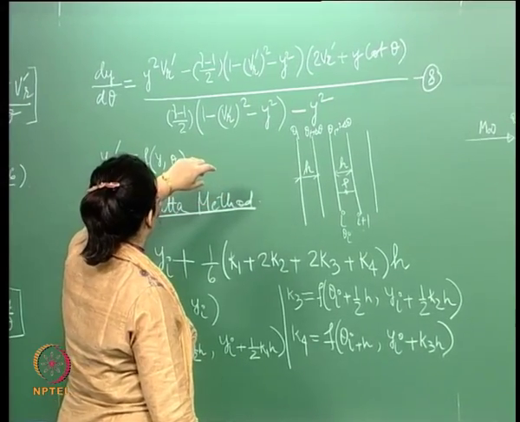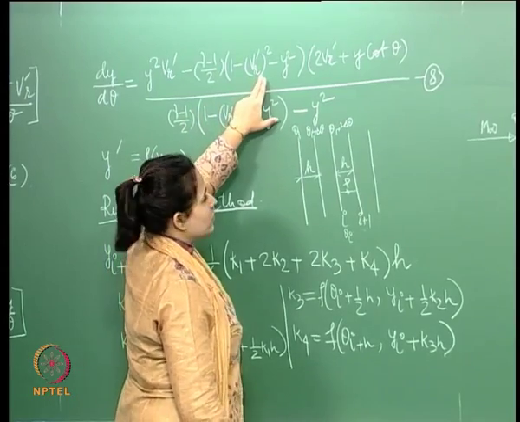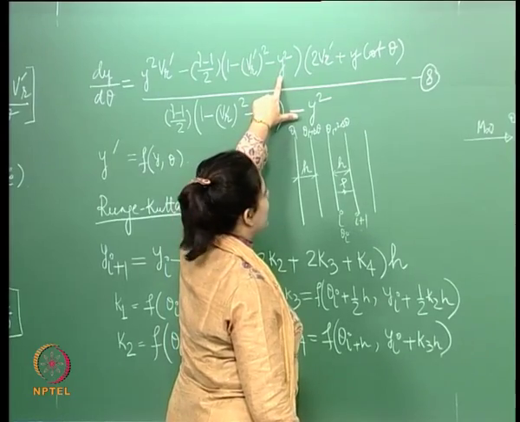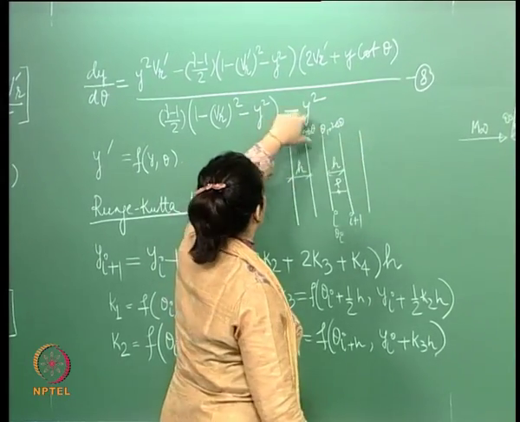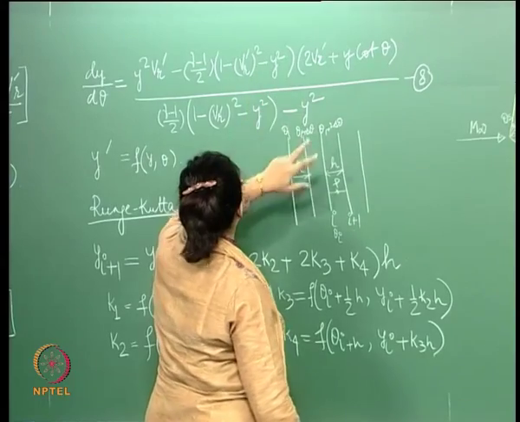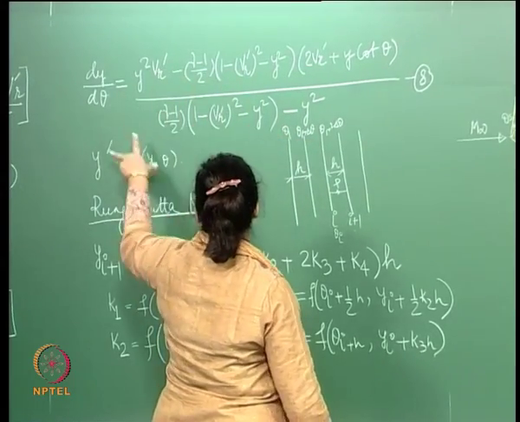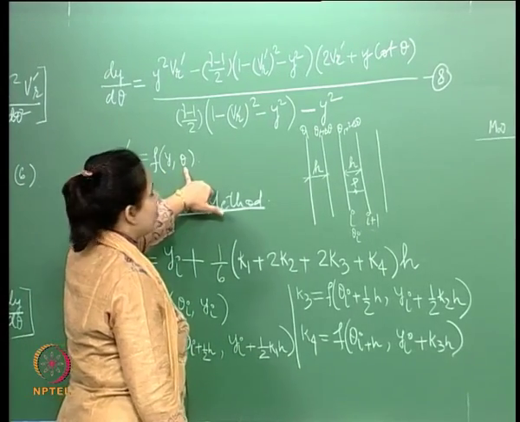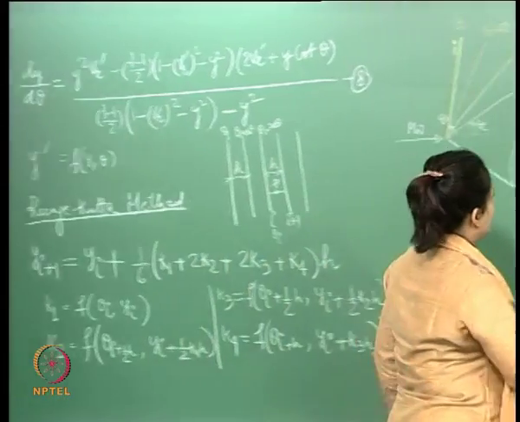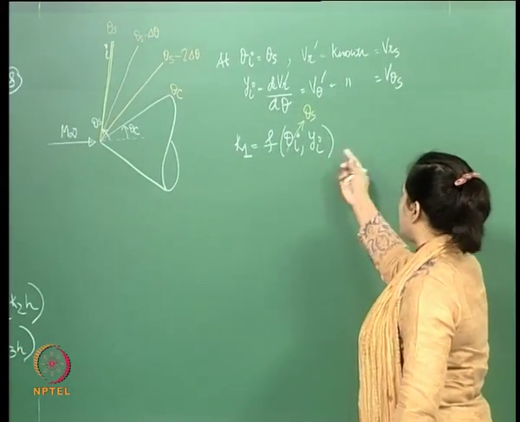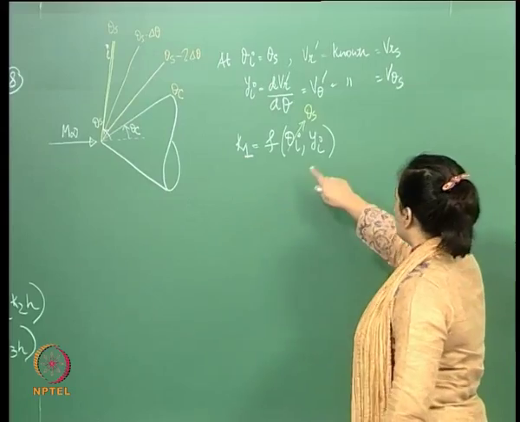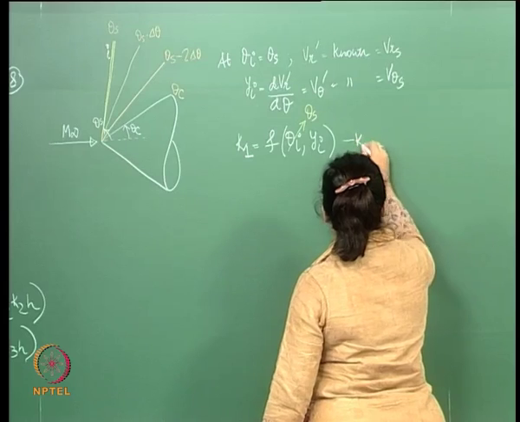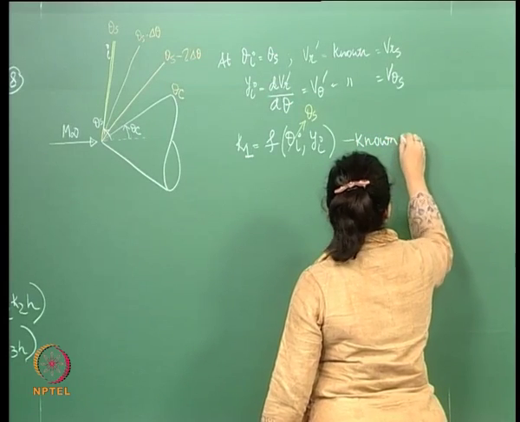So V theta s and V r dash are known at theta s, and y again here is V theta dash, which is also known. So this is the function value at y I, and theta is equal to theta s. So this is known. Now one can calculate this, so this is also therefore known.